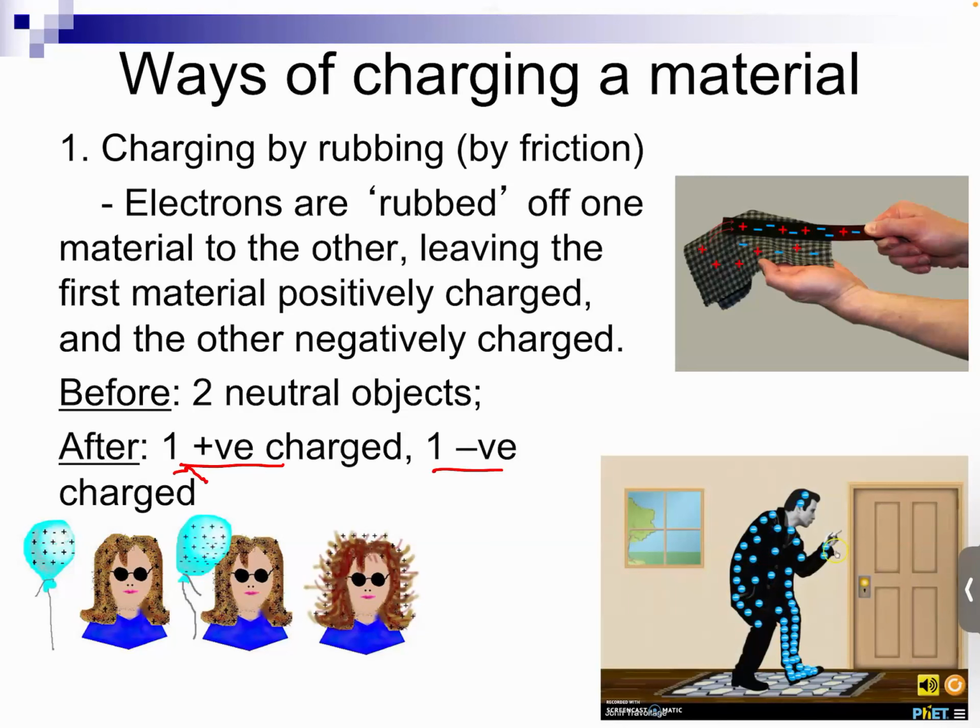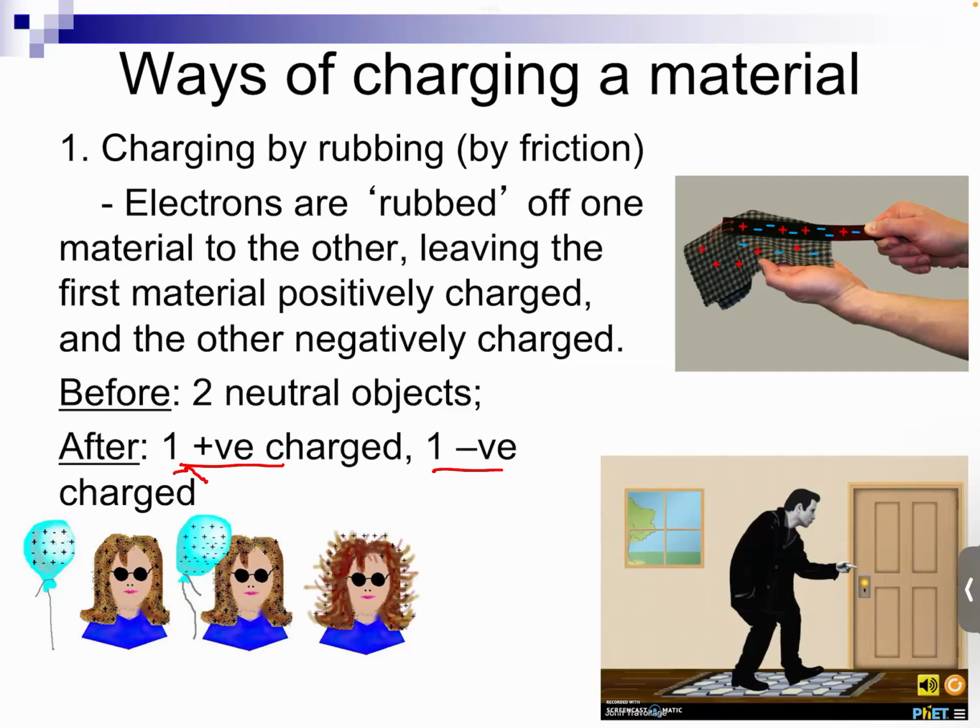Have you ever experienced that? That zapping sensation when you've accumulated a lot of excess electrons and then you touch the doorknob. That electricity you feel is the electrons flowing out of your body, going to the doorknob.